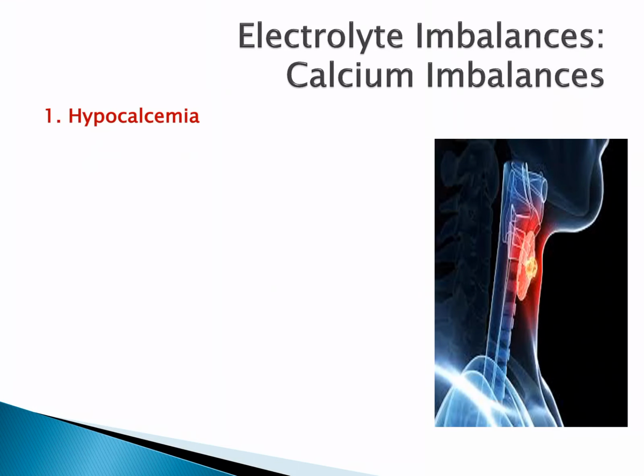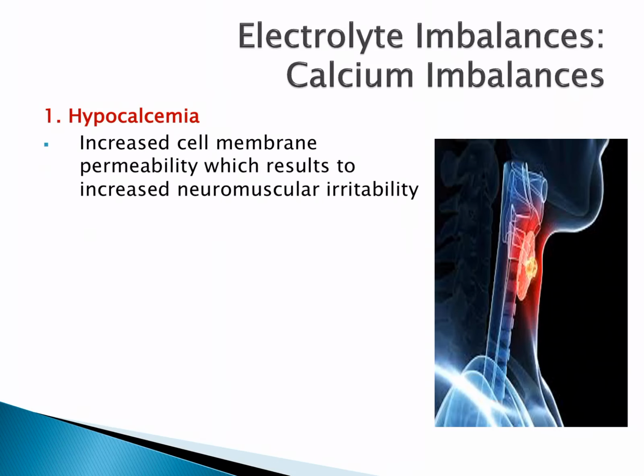So we now go to your calcium imbalances. So we have your hypocalcemia. There is an increased cell membrane permeability which results in increased neuromuscular irritability. So everything is high and fast, the same with your hyperkalemia.